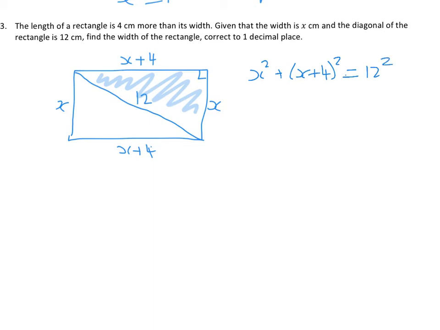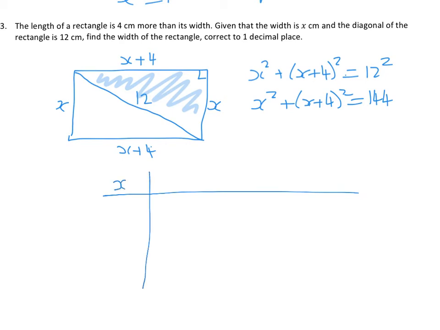Now we could simplify that to x squared plus (x plus 4) squared equals 144. And we could manipulate this further, expanding out the x plus 4 and collecting like terms, but really we don't need to. Since we're using a calculator anyway, we can go then to our table of values.